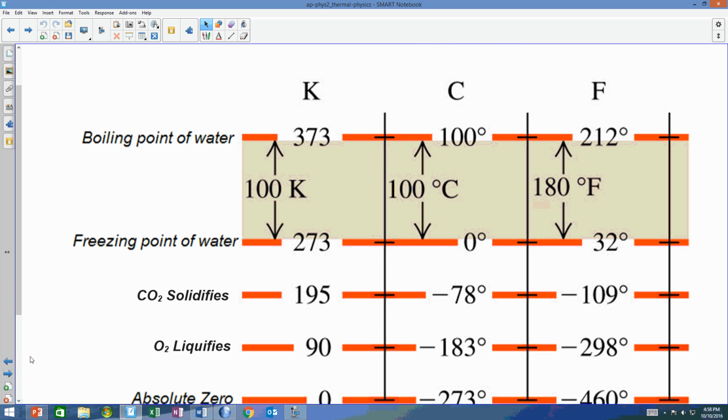For Kelvin and Celsius, there's only a 273 degree difference between the two. So when you have a boiling point of 100 degrees Celsius, it's 373 Kelvin. When you have a freezing point of 0 degrees Celsius, it's 273 Kelvin. For Fahrenheit, there's actually a 180 degree Fahrenheit difference between freezing and boiling.